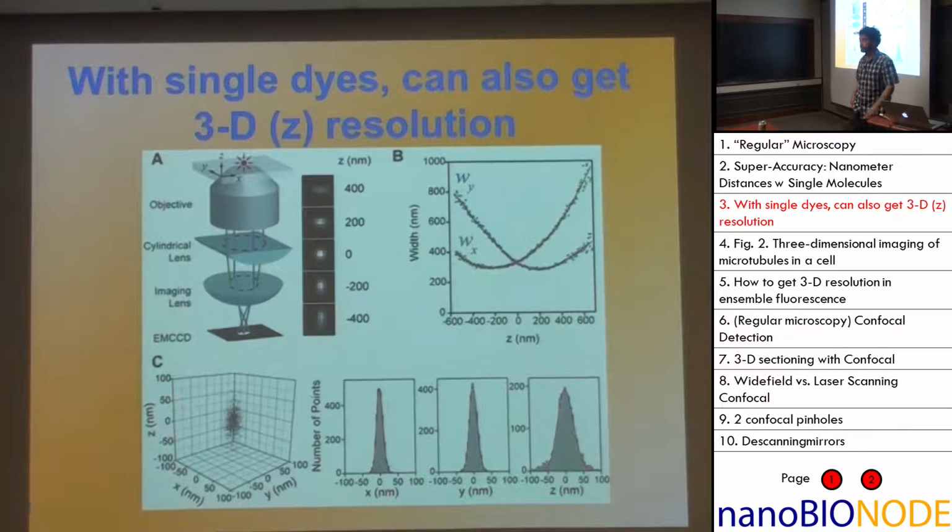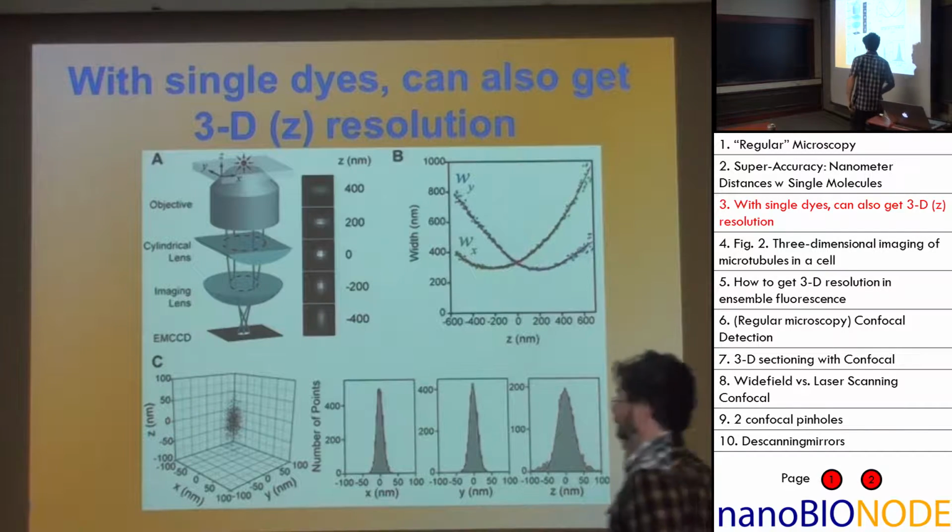Yes? So for this, in order to get this three-dimensional image of a single dye, the dye has to move, or the stage has to move? No. Then I don't understand. Okay. Why do you think that the stage has to move? Because it has to get out of focus. In fact, that's right.